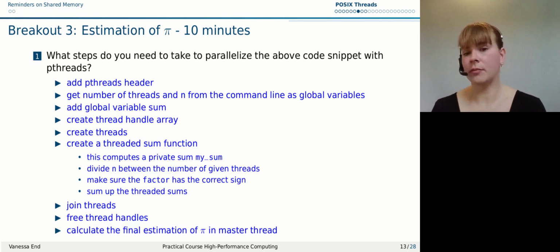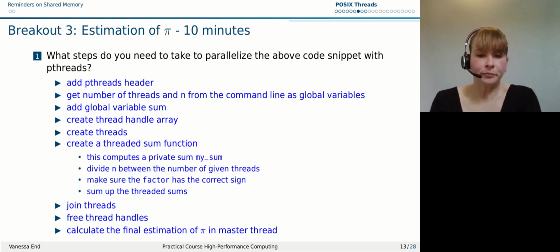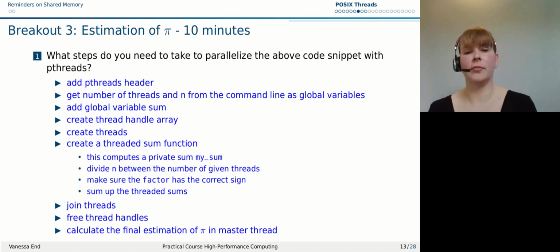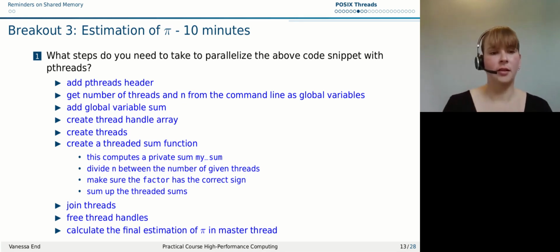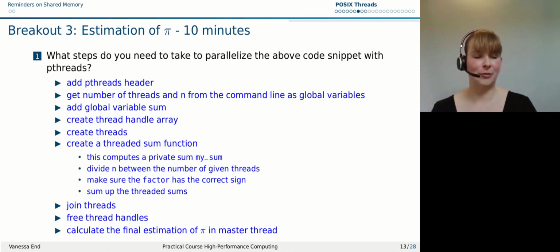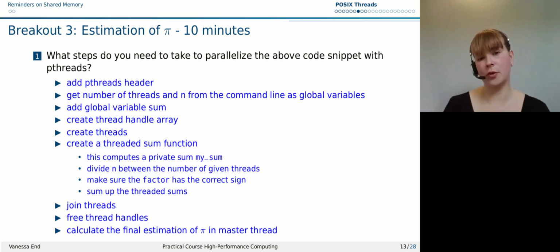It starts with little things like adding a pthreads header, or with things like getting the number of threads and n from the command line, having global variables, making sure that you have the thread handle, and creating the threads. What do you have to think about in the threaded sum function? No one actually talked about creating this threaded sum function. What does this function do? What is it supposed to do?